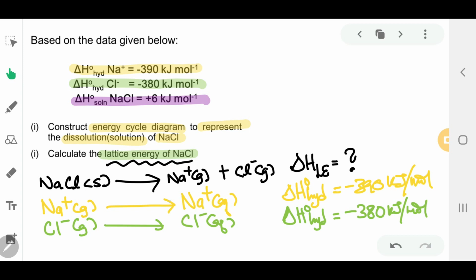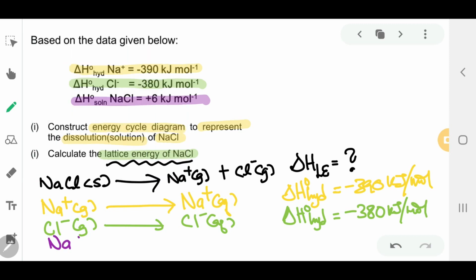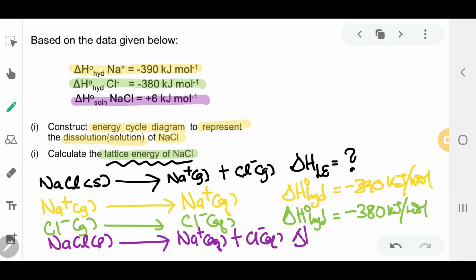This one is a little bit similar to what we have on top for the lattice energy, but this is when you have the NaCl solid and you're going to add water directly. Then it will become Na⁺ aqueous plus Cl⁻ aqueous. So that is delta H solution, plus 6 kilojoule per mole.